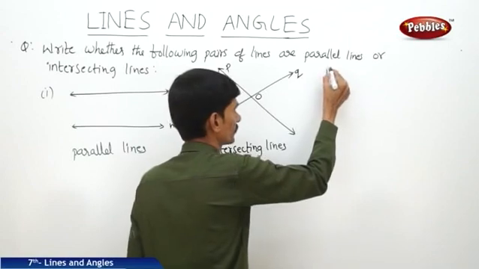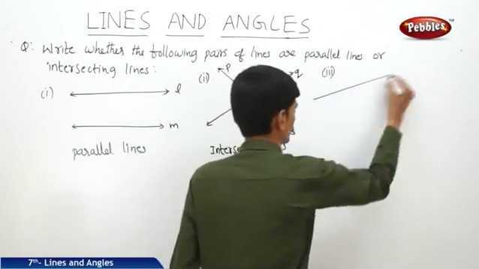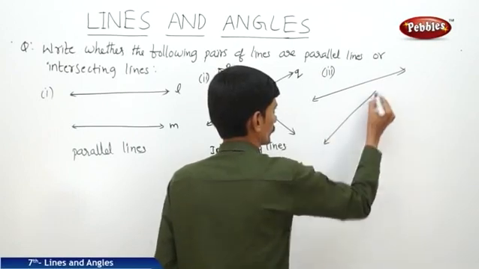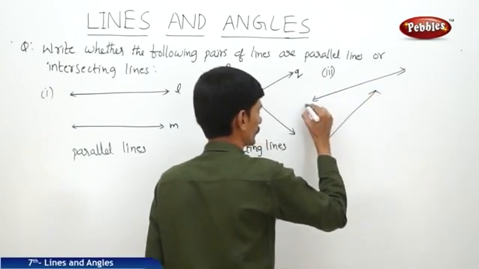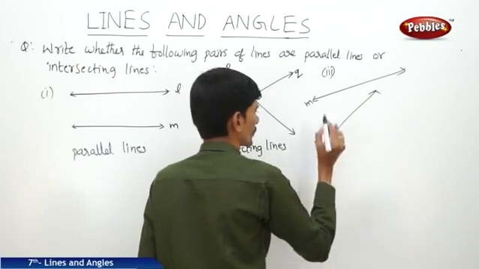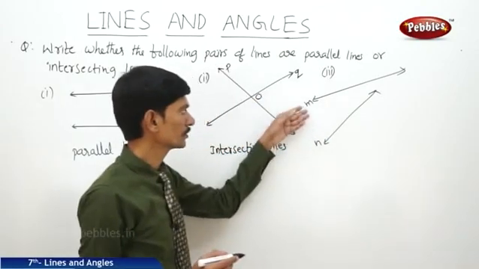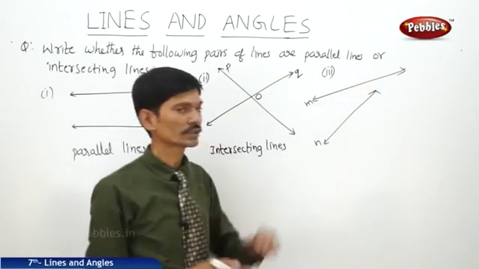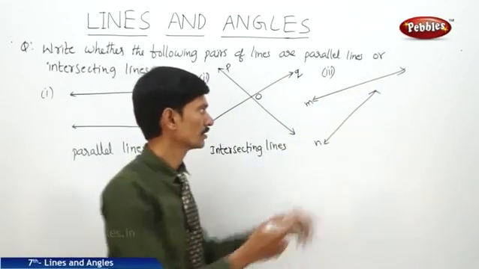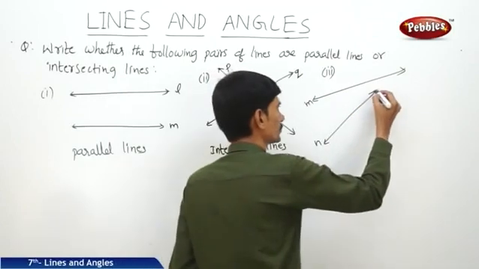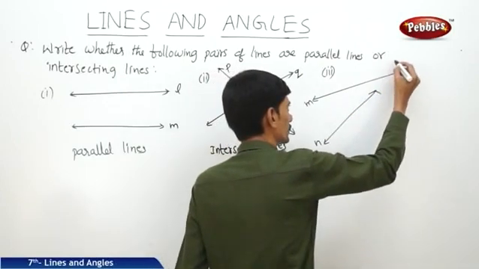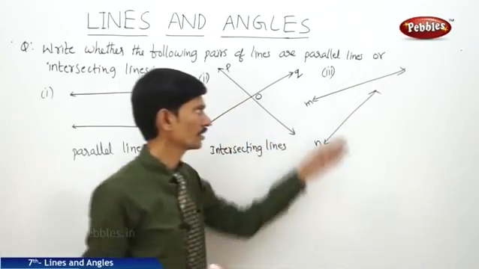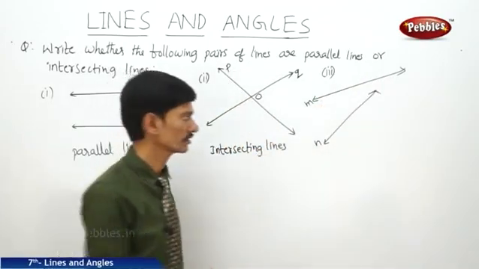In the third figure, these two lines M and N seem to be non-intersecting, but if you extend the line N in this direction, it will definitely intersect the line M. So these two lines are also called intersecting lines.